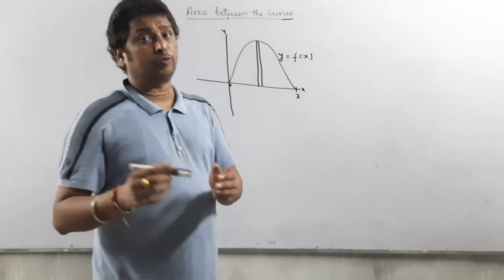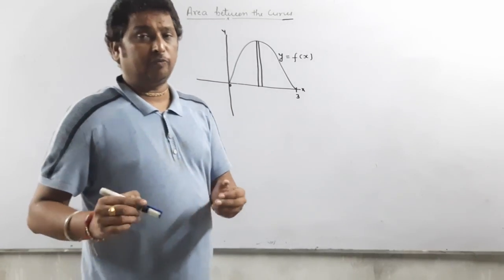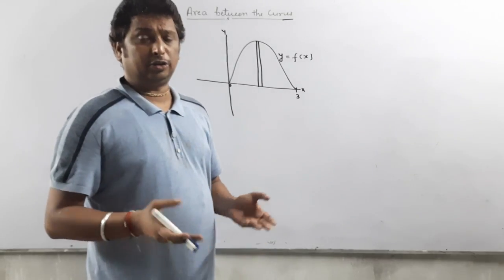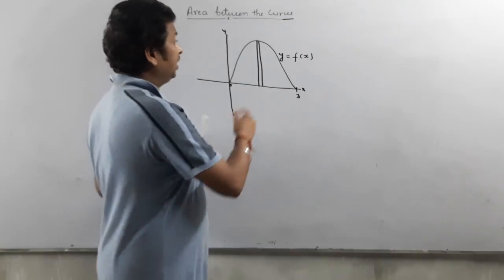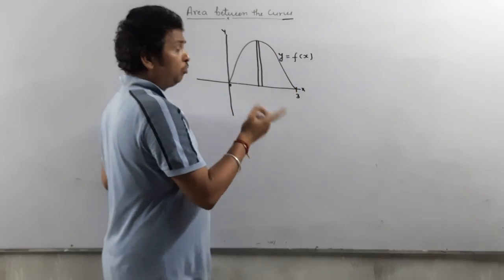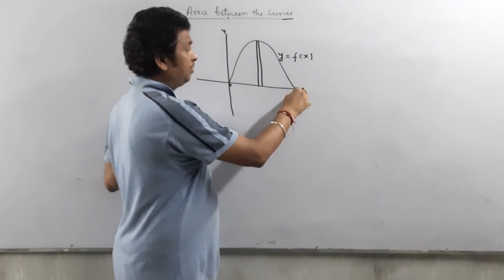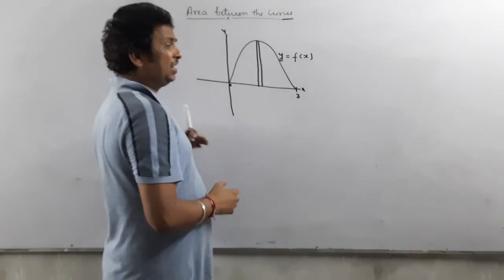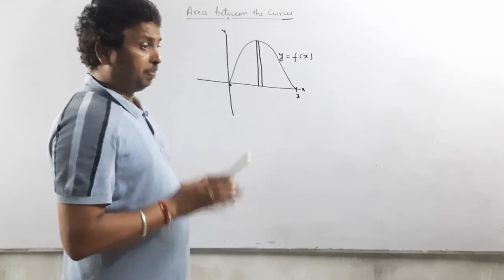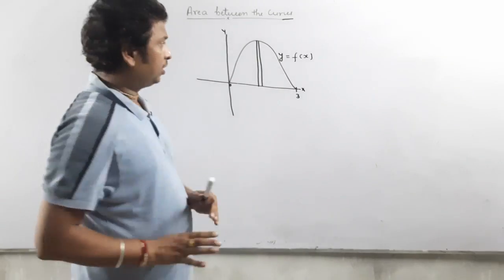That time you have to do it separately for both regions. If a single curve is there, there is no change, because here only y is equal to f(x) is there. Suppose there is one more function, it changes from here, its shape is circle type, then we will think about it in a different way. But we have to do it separately for that.